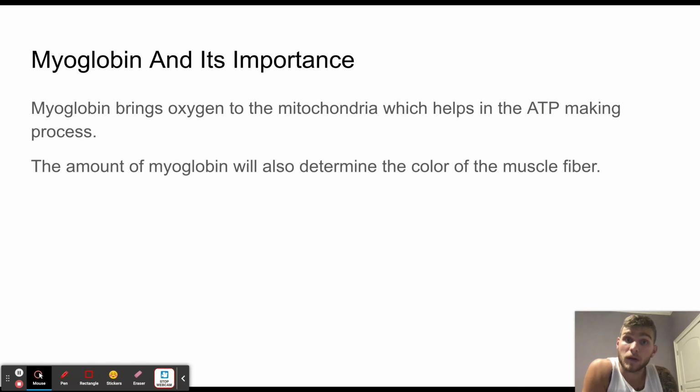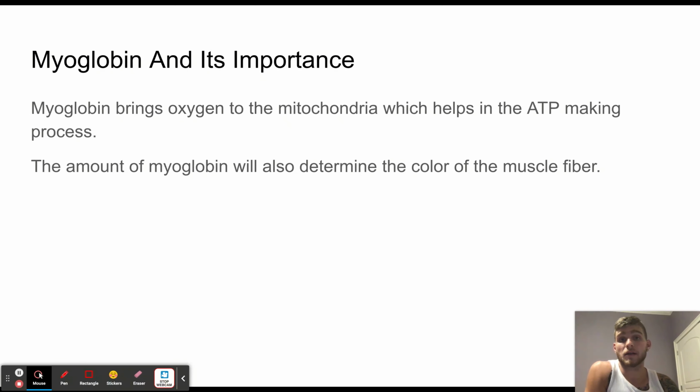Next up is myoglobin, which is used to get oxygen to the mitochondria, which allows more ATP to be made faster. So obviously that helps out with everything in the muscles. Also, the amount of myoglobin in each muscle fiber determines its color.